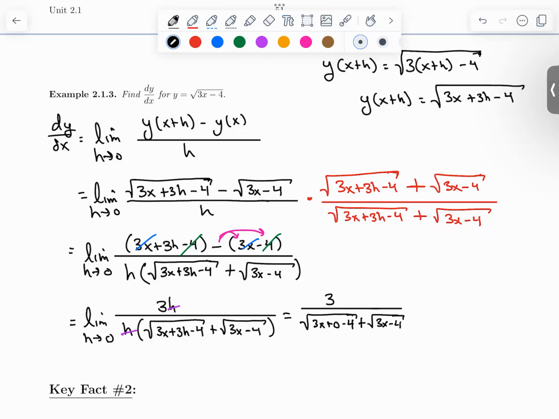And so, just to write it formally, dy/dx is equal to 3 over two square roots of 3x minus 4, which, since they're like radicals, kind of like terms, you can combine and get 2 times the square root of 3x minus 4.